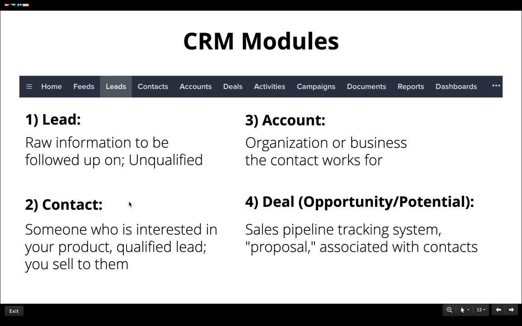And then lastly, the deals module. This is sometimes referred to as the potential or the opportunity module. Whatever the case is, deals, potentials, opportunities, all the same thing. Those words are interchangeable. This is going to be your sales pipeline tracking system.